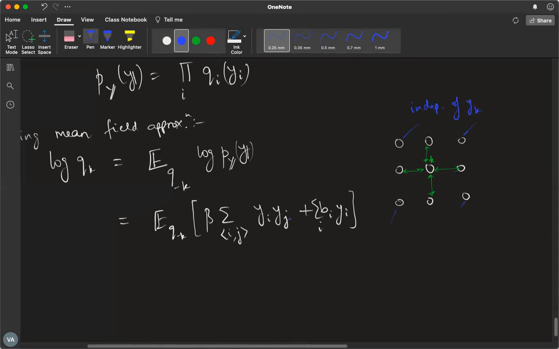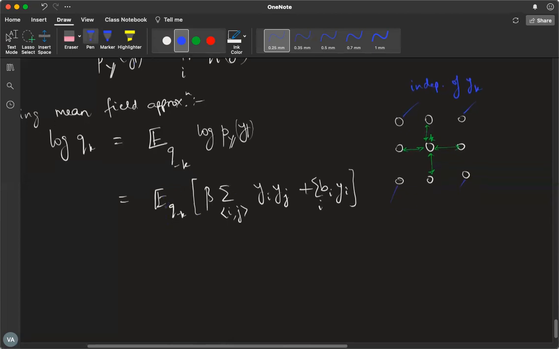These are independent because they will not appear together. They can be factorized even within p also. They are not dependent on the value of k. So when we take the expectation, those terms are simply averaged out, so they will be simply constant with respect to k.